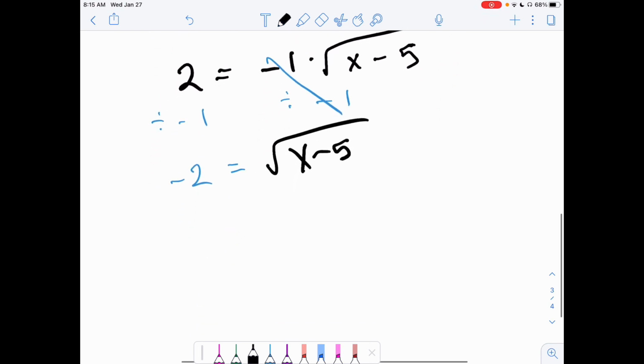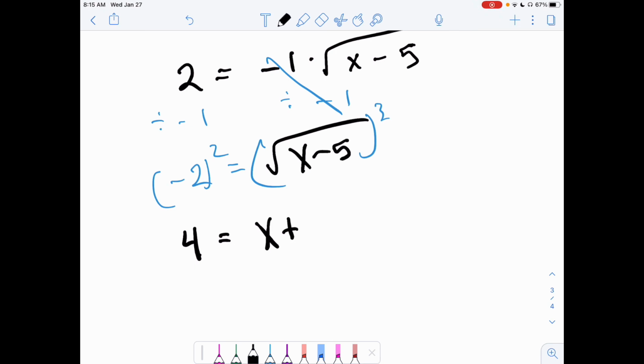Now I'm just left with the house, so I can square both sides. -2 times -2 is 4. The radical goes away. And now I can solve for x, which is one last step.